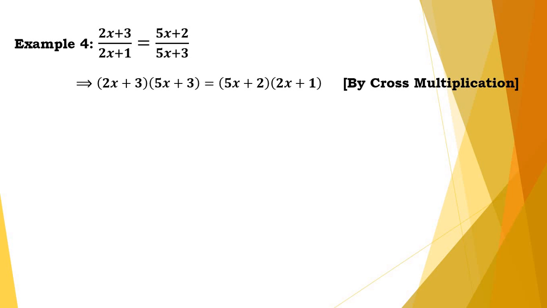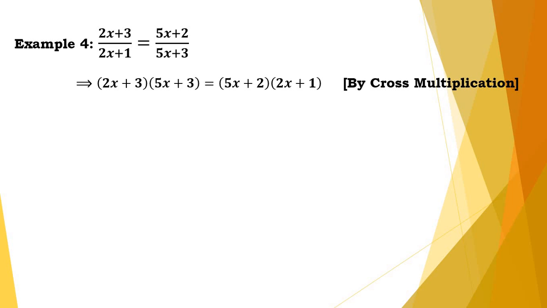Okay, now we are having binomials multiplied here. Okay, so how do we multiply binomials? You know that very well. We multiply all the terms of one expression to all the terms of the second expression.